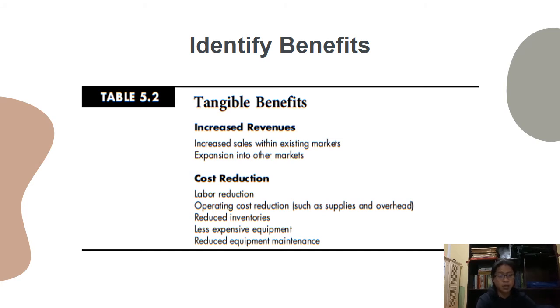For example, assume a proposed EDI system will allow the organization to reduce inventories and at the same time improve customer service by reducing stockouts. The reduction of inventories is a cost-reducing benefit.